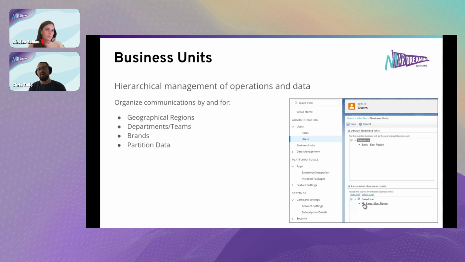Some of the common use cases for using multiple business units are geographical regions. As we continue to evolve in a world of data privacy and compliance, there are more and more regulations and expectations that things are going to be partitioned for the benefit of our customers or our constituents, or whatever the context of your target audience may be.